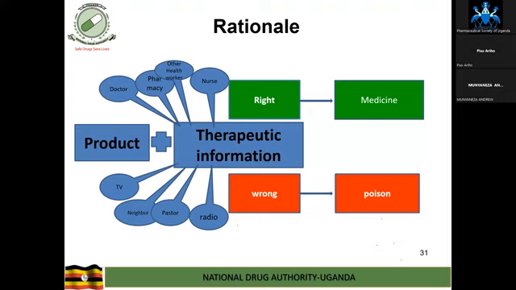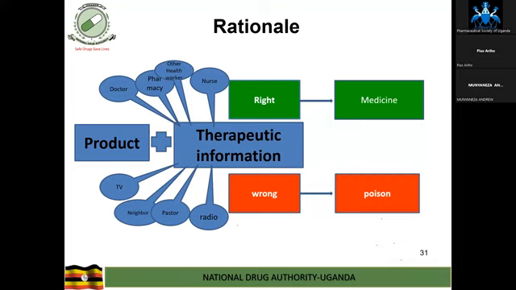For example, information that goes out to the public has to be about over-the-counter drugs. We do not expect someone to come with a prescription drug and advertise it to the public, because either way, it has to be prescribed to them. So that is information that will only go to the healthcare providers.